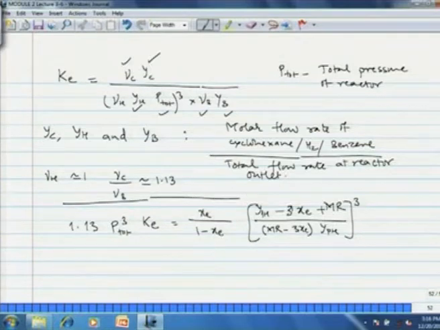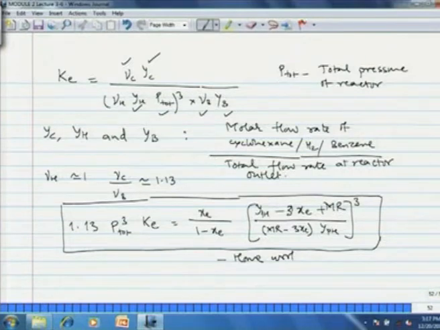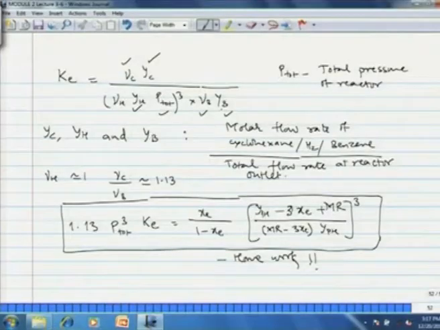I leave the derivation of this particular simplified expression as homework. As I said, the derivation is rather straightforward. We have already calculated all molar flows, we have calculated the total molar flow rate at the reactor outlet. What you have to do is only to substitute for YC, YH and YB, and the numbers for the fugacity coefficient. For hydrogen it is 1 and ratio of fugacity coefficients for cyclohexane and benzene as 1.13, and you can very easily obtain this particular expression.